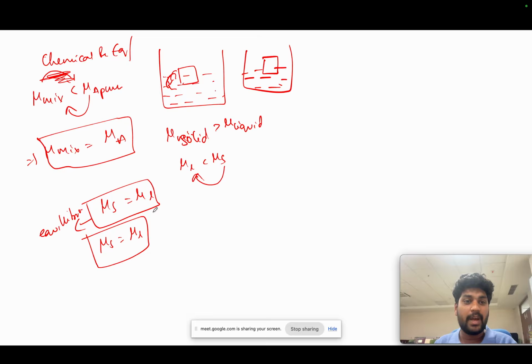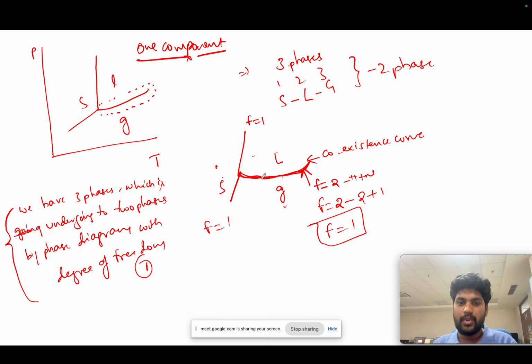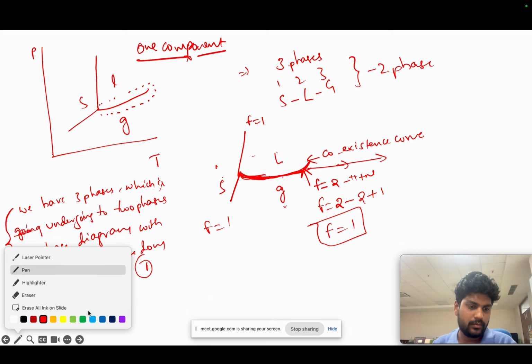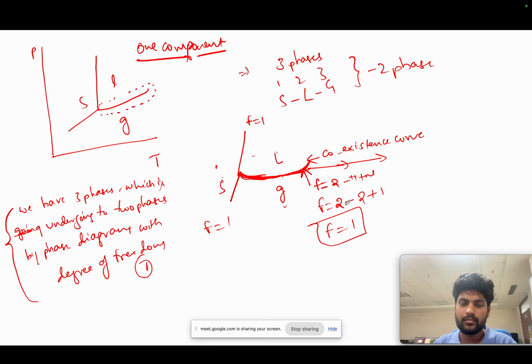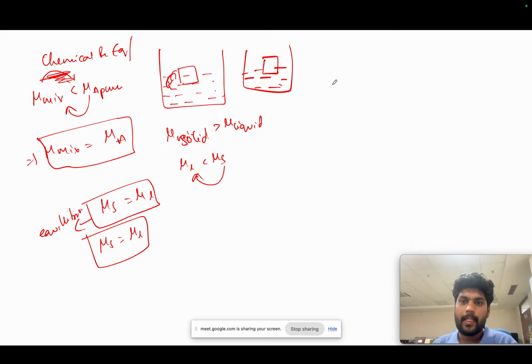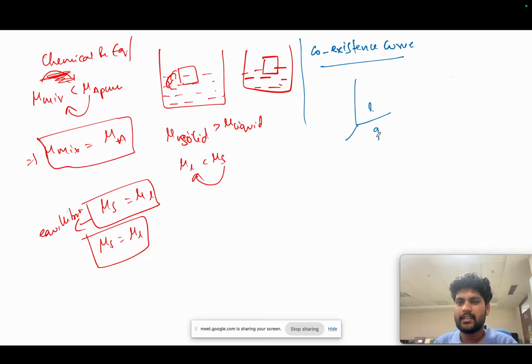So if you come back to this concept, can you tell me what is happening at this coexistence curve? This coexistence curve is nothing but the equilibrium condition. If I take the liquid and gas, this is nothing but the equilibrium.